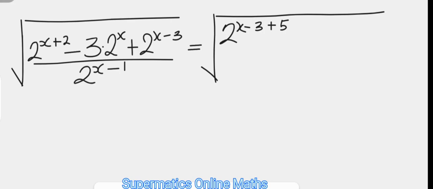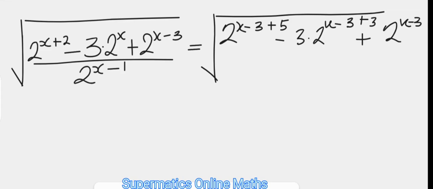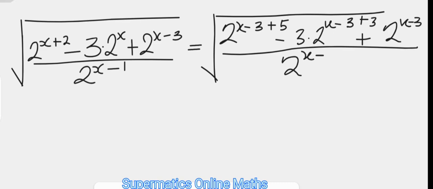That is going to make it 2 to the power of x plus 2 minus 3 times 2 to the power of x minus 3 plus 3, and plus 2 to the power of x minus 3 over 2 to the power of x minus 3 plus 2, which is what makes it 2 to the power of x minus 1.